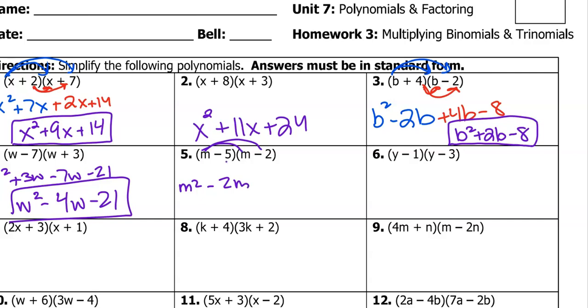There you go. -5 times m. -5. And then -5 times -2. +10. Good. Combine like terms in the middle. So what is -2 minus 5? Almost. -7. And then +10. Good.